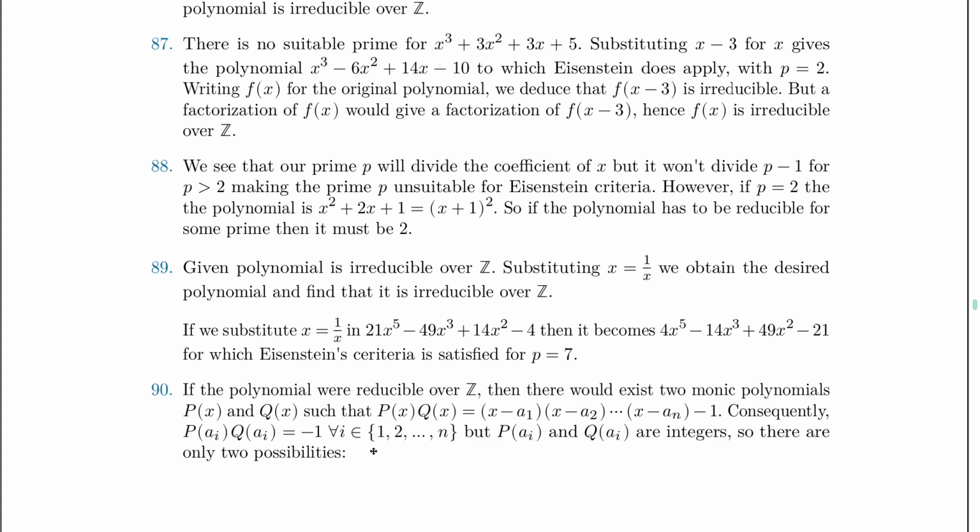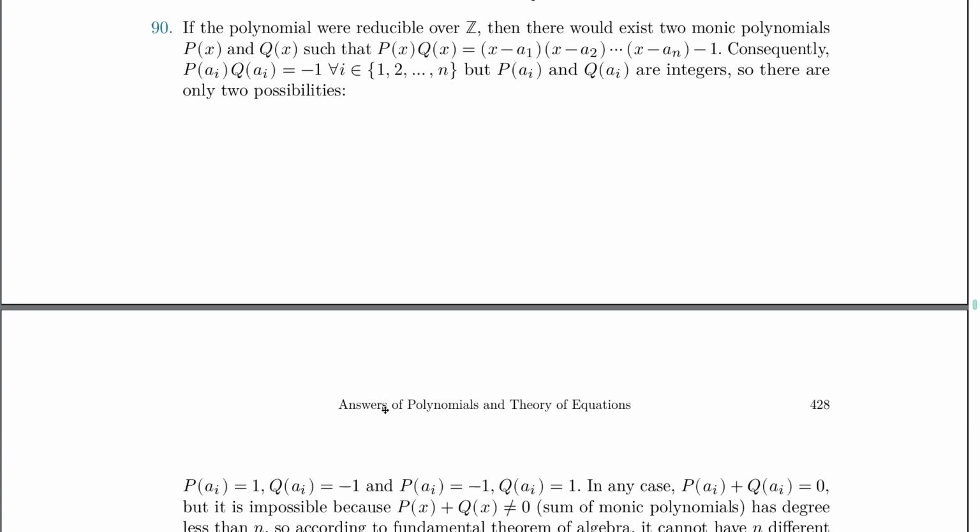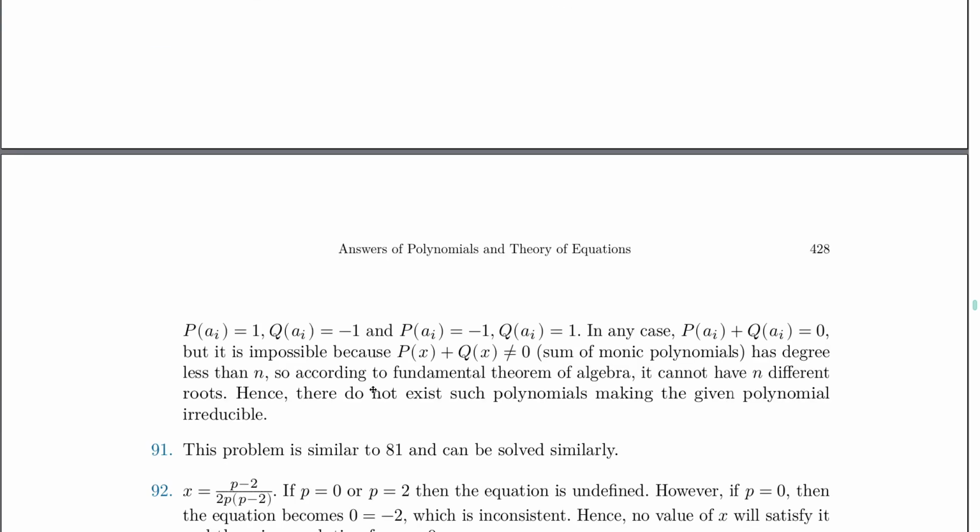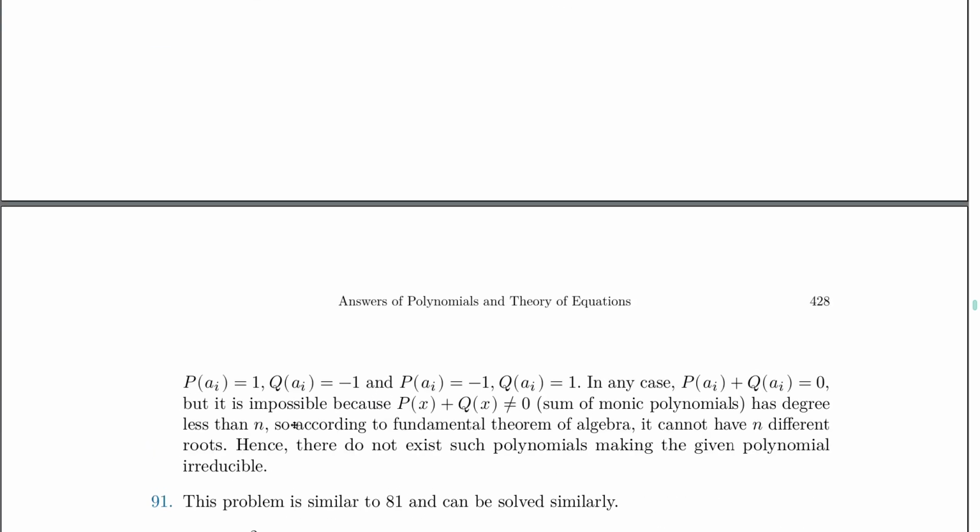Now we see that p(ai) and q(ai) are integers. So we have two possibilities. One is that p(ai) is equal to 1 and q(ai) is equal to minus 1. The second possibility is p(ai) is equal to minus 1 and q(ai) is equal to 1.